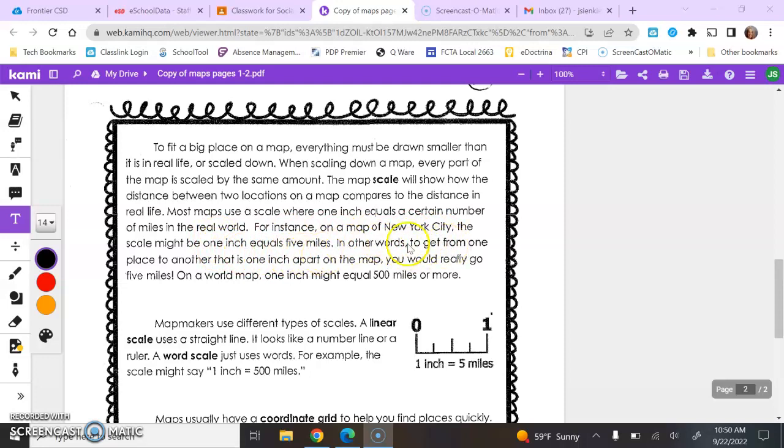In other words, to get from one place to another that is 1 inch apart on the map, you would really be going 5 miles. On a world map, 1 inch might equal 500 miles or more.